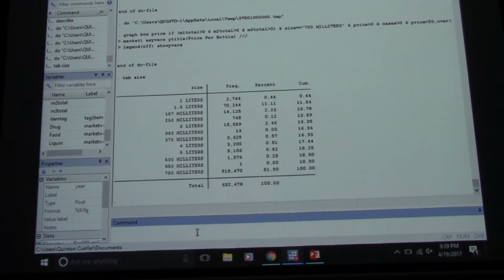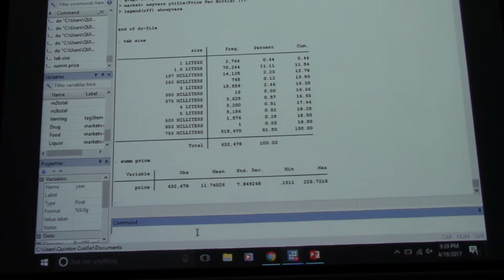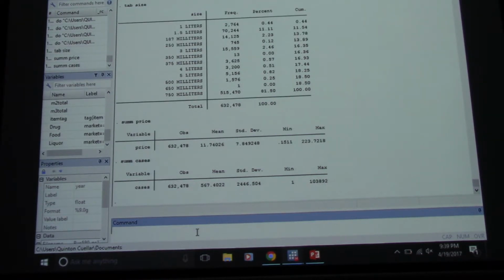so there are other than 750s in there. But I think if I sum price, yeah, prices are always positive, although sometimes in the data set you can get negative prices, basically data anomalies. And if I sum cases, yeah, we got positive cases. So if you want to trim this down, you can drop everything that's not 750.